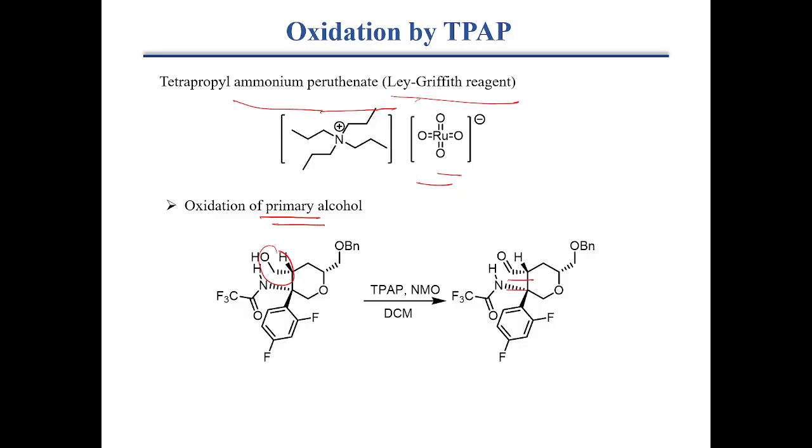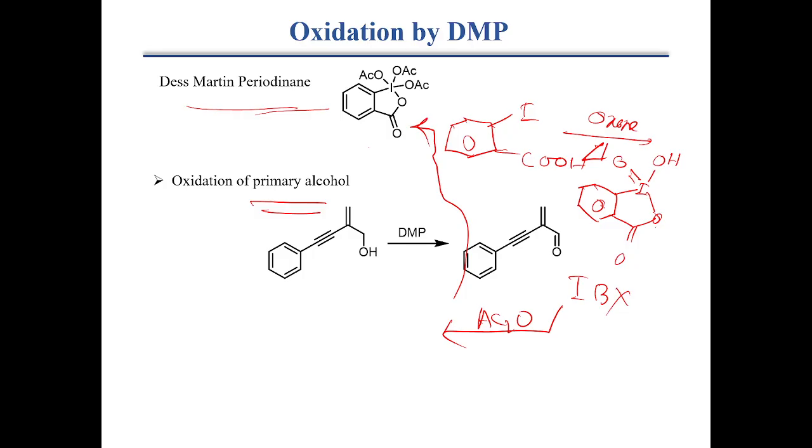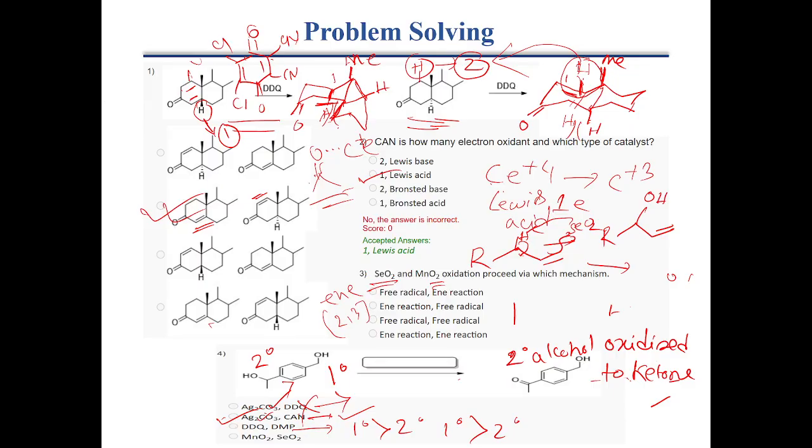Then I discussed the Ley-Griffith reagent, that is tetrapropylammonium perruthenate. It also oxidizes primary alcohol to aldehyde. Next I discussed DMP oxidation. It also oxidizes primary alcohol or allylic alcohol to aldehyde.